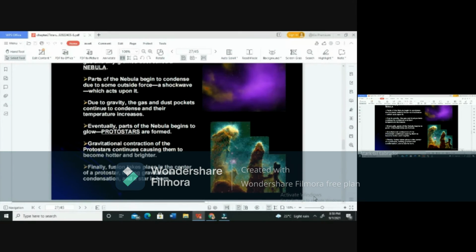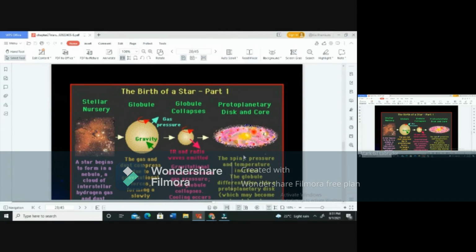So it started with a nebula, and then later on, it will become a protostar. From the word itself, protostar. So doon sa protostar, since it is made of atoms, may mga nangyari doon, mga fusion. When we say fusion, combination of energies plus gravitation, condensation, kaya nabubuhay ang isang star.